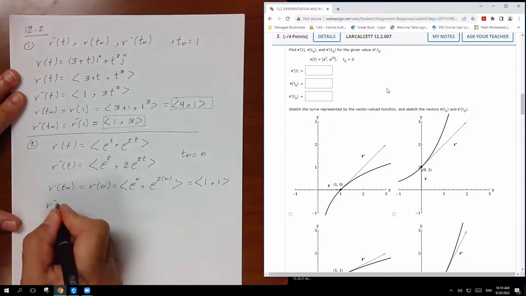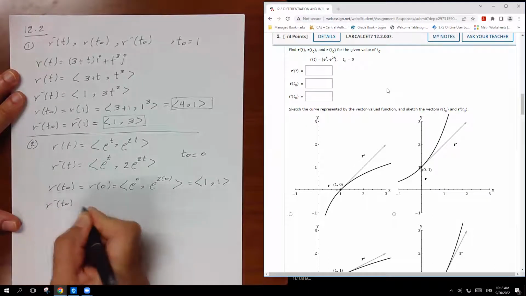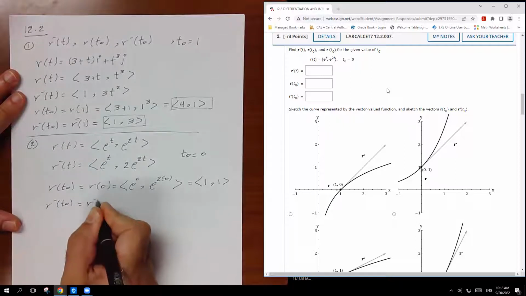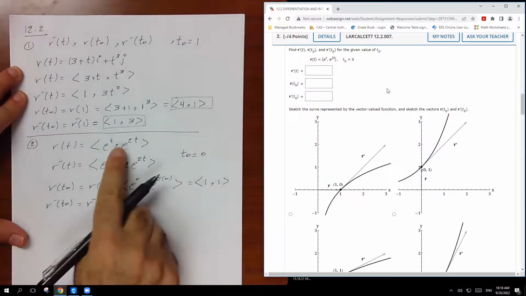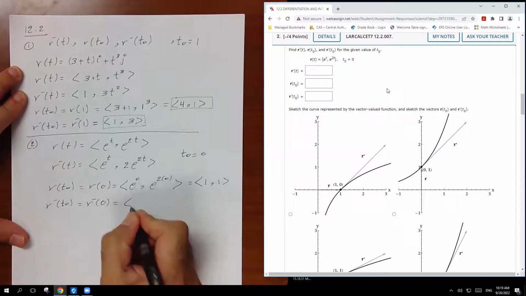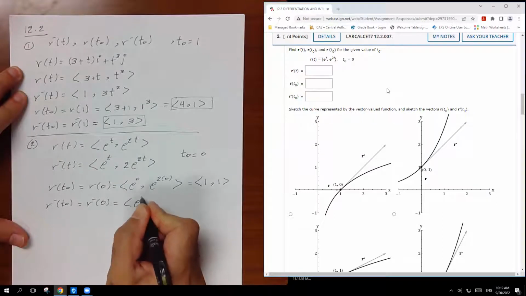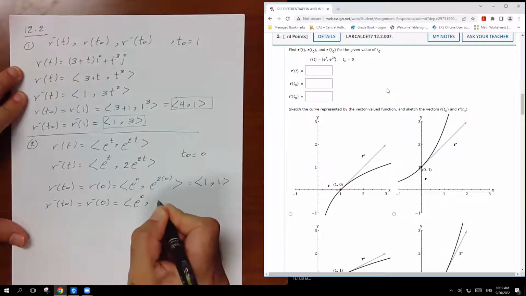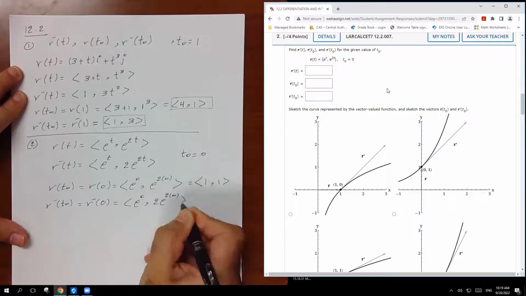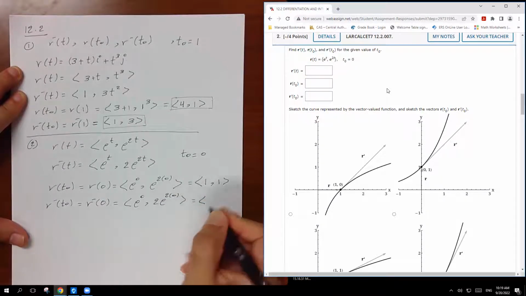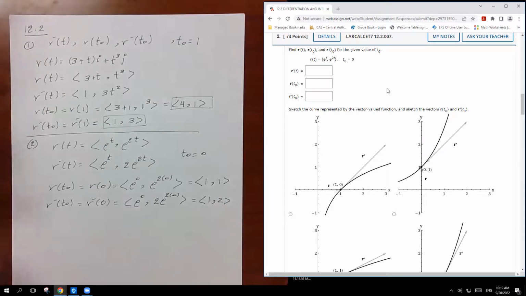Then r prime of t naught is going to be r prime of 0. I'm going to plug in here now, so it's going to be e to the 0 and 2e to the 2 times 0. That means it's going to be 1 and 2. So that's it for the second example.